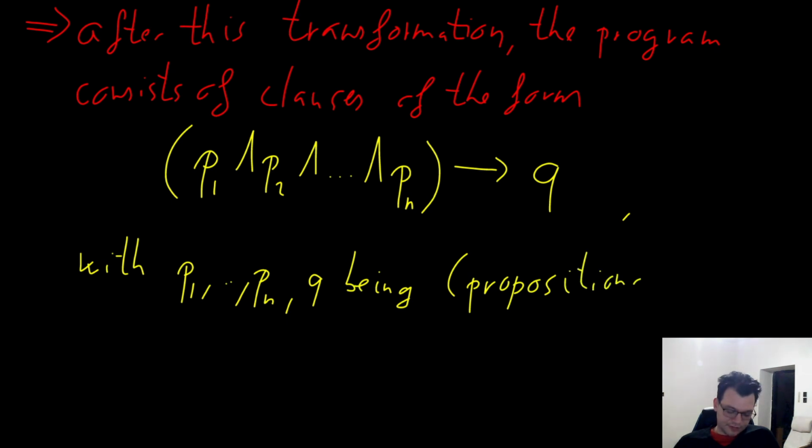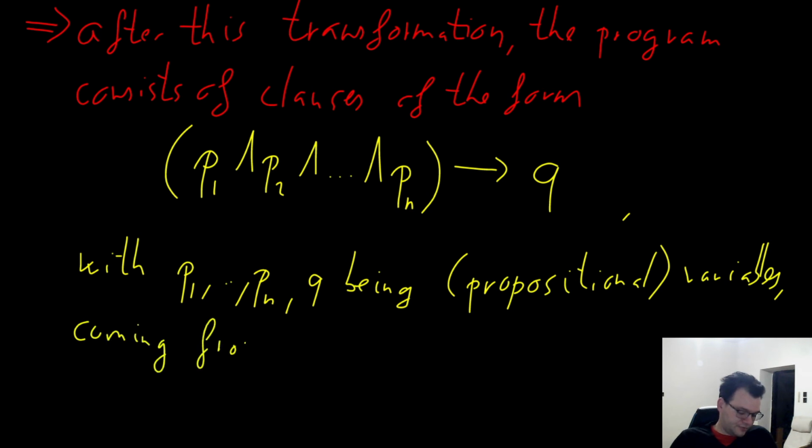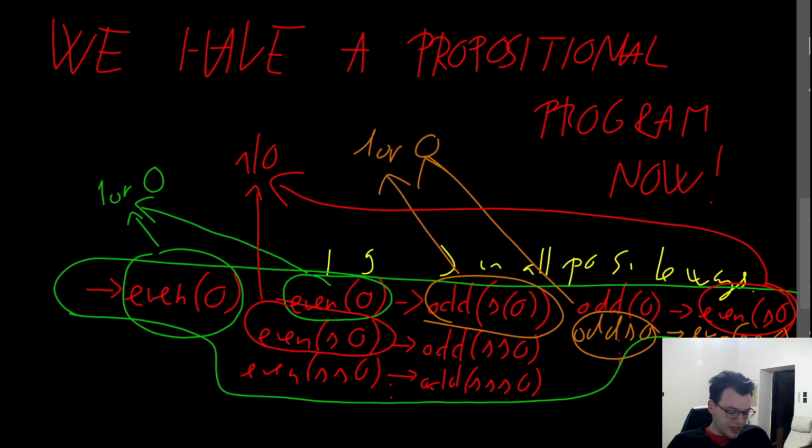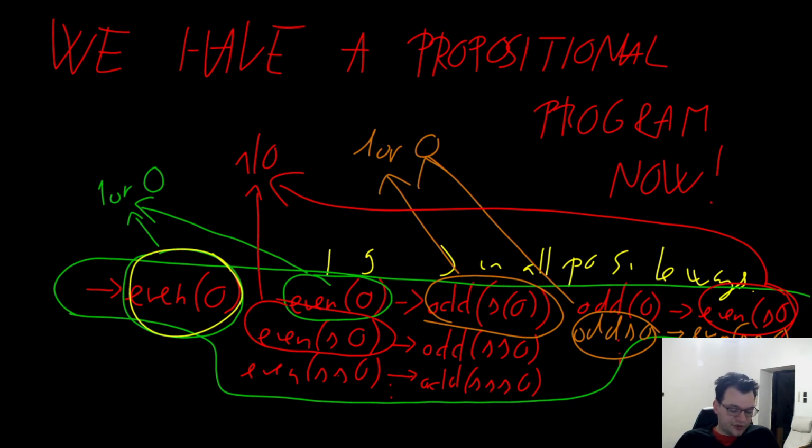Propositional variables, say coming from set Z. It's a capital Z, usually denoting the set of propositional variables. So just moving back, in this case I had some propositional variables, say even 0, this was one propositional variable, odd of s of 0 would be another propositional variable, even of s of 0 would be the third, and so on and so on.